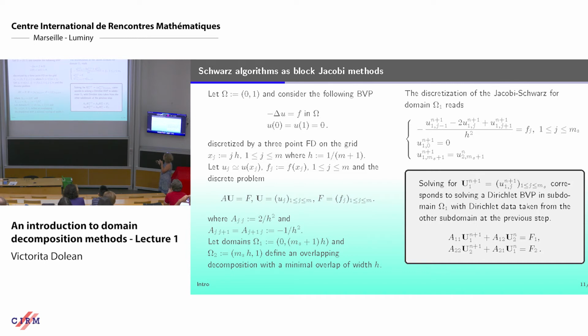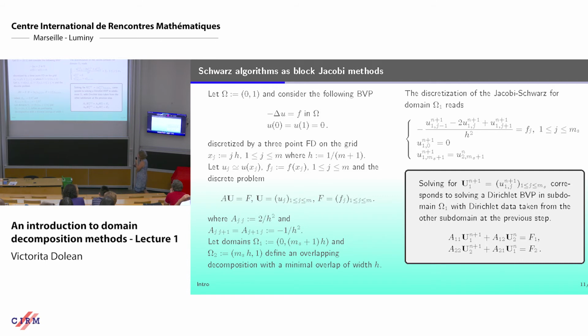That means you define a set of indices, the first MS indices and the next ones, and this will define the partition into domains, right? And again, if you write it in a matrix form, you can see that solving this and writing the Schwarz algorithm, you end up exactly with a block Jacobi algorithm.